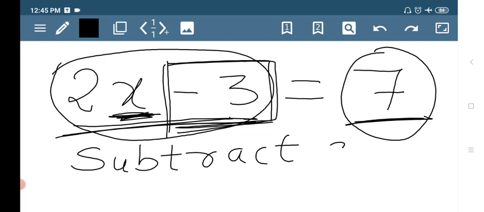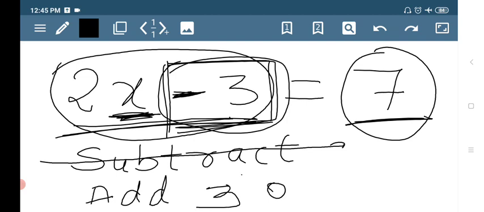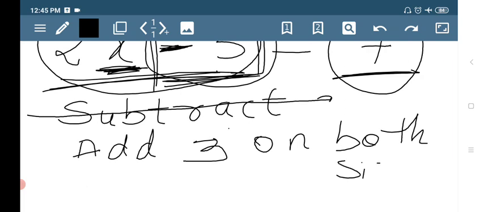What happens if you subtract? Already we have minus, right? Is it correct to subtract to remove this? No, exactly, very good. Not subtraction. We have to add 3 on both side.